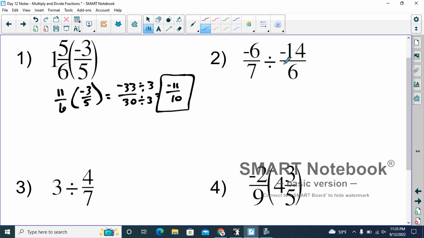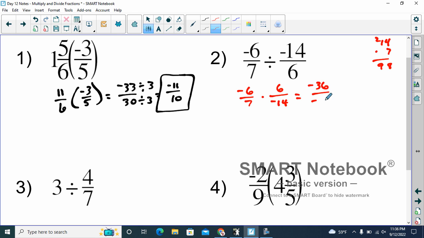Number 2, I'm dividing fractions. To divide fractions, we keep, change, flip. Negative 6 times 6 is negative 36. 7 times 14 is 98.